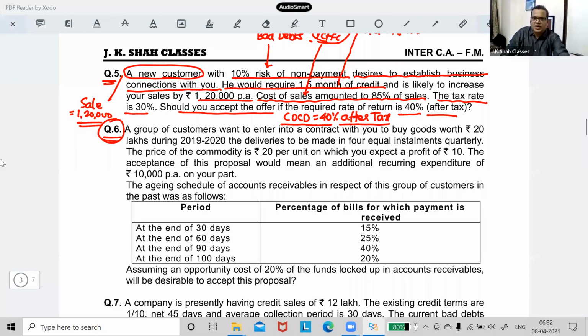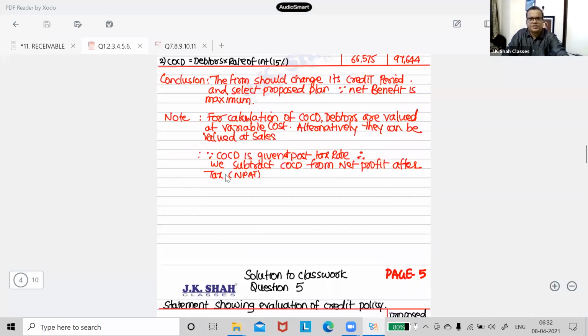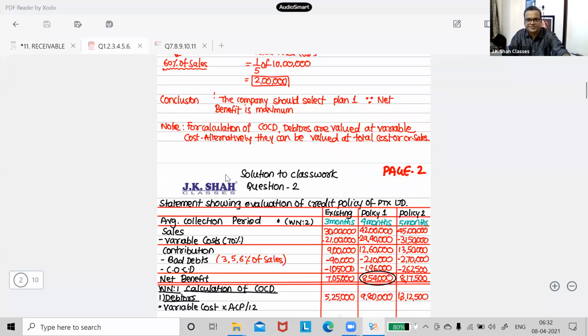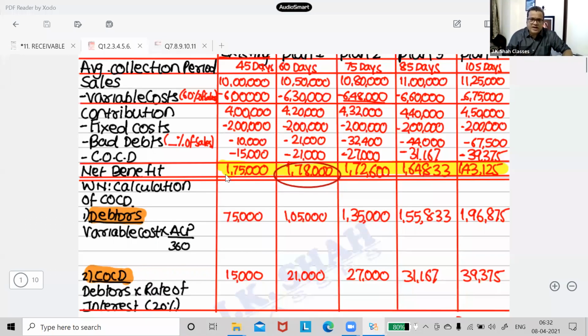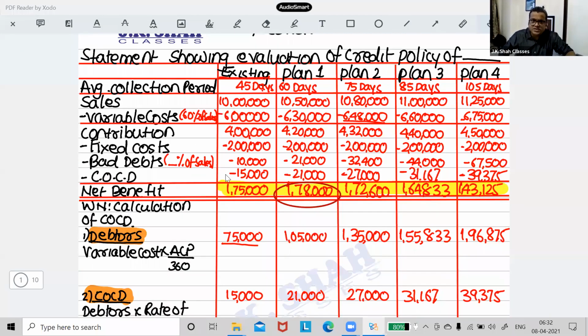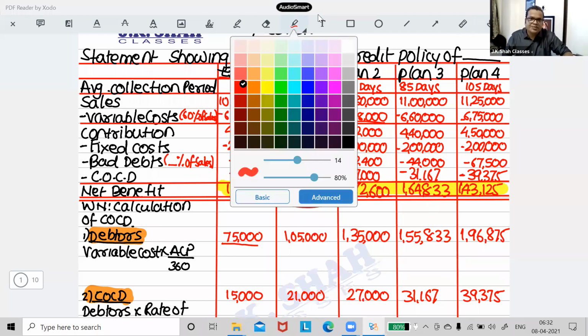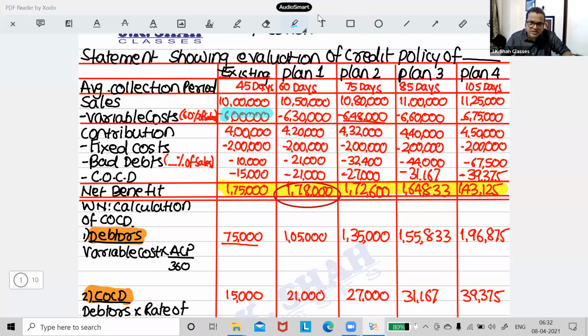Let's talk about all questions. For example, the first question. How had we calculated this 75,000? This is question number 1. We took this variable cost, and we decided to calculate the data on variable cost.